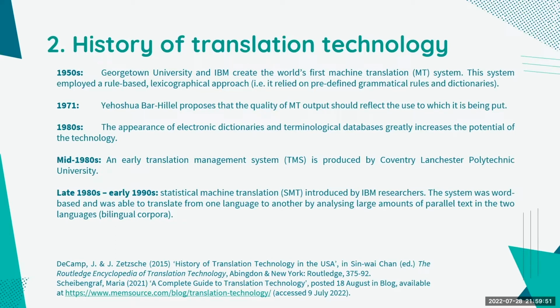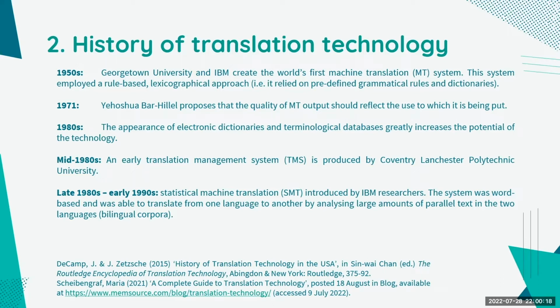The appearance of electronic dictionaries and terminological databases in the 1980s greatly increased the potential of translation technology. In the mid-1980s, an early translation management system was produced by Coventry Lancaster Polytechnic University.